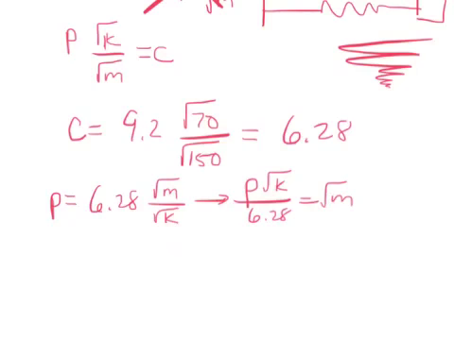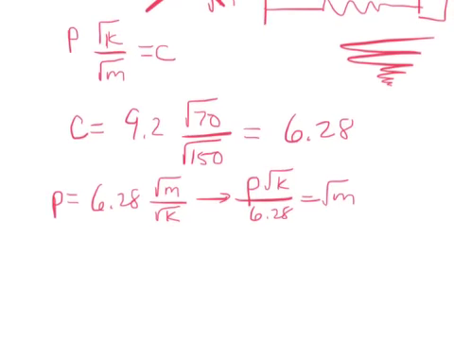In doing so, this becomes m equals P squared times k all over 6.28 squared. I squared these two quantities, and when I square the root quantity, it just gets rid of the square root completely, so I don't need the square symbol here.